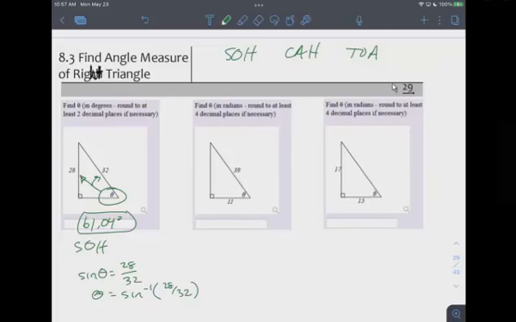All right, I want you to see if you can set up the remaining two and use whatever trig ratio they give you, and then use the calculator, find its inverse, and identify what is the actual angle measure for each of those.